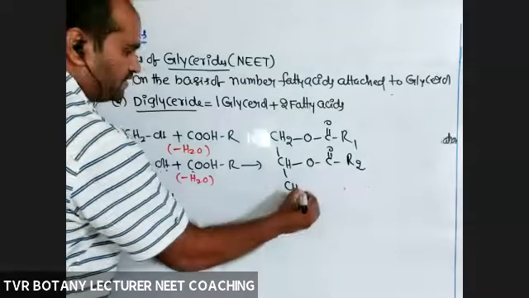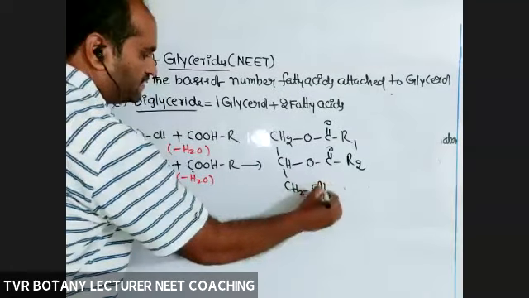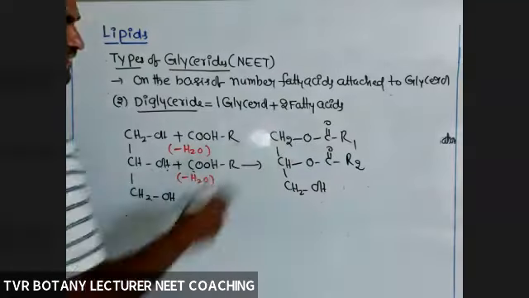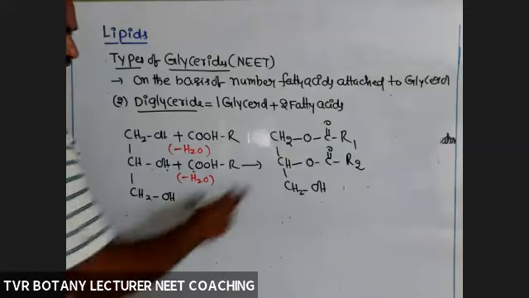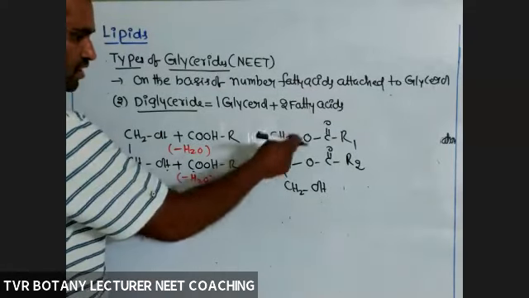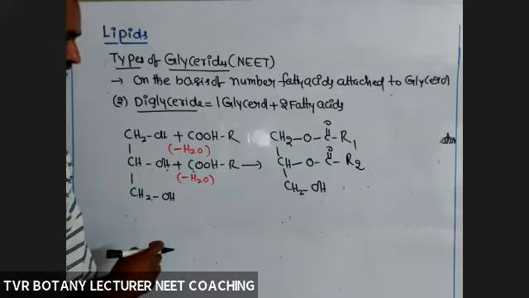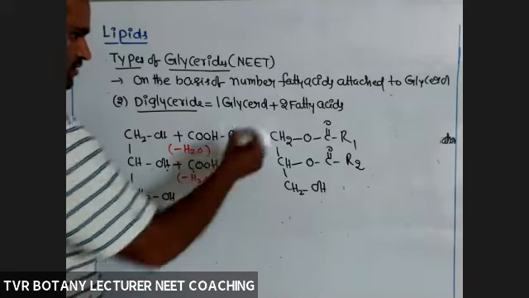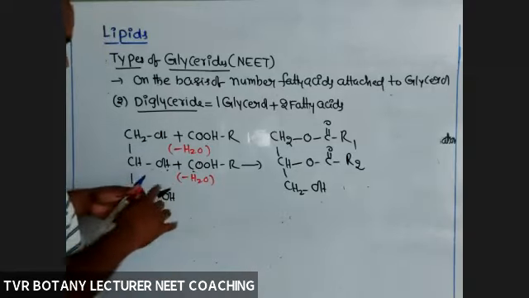Remaining part CH2OH. So how many fatty acids? Two. How many ester bonds? Two ester bonds. So this is called diglyceride.